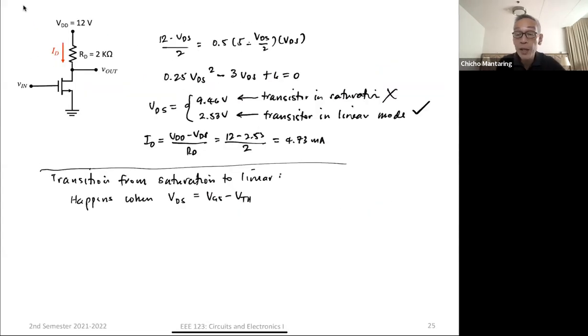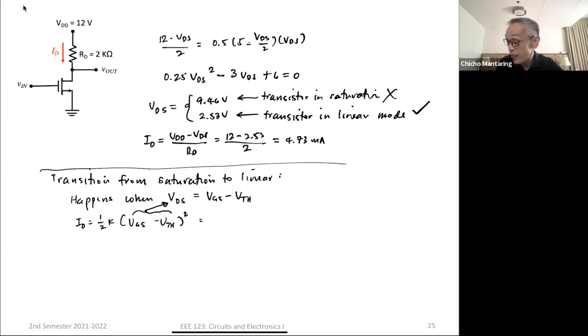Now, the saturation equation still applies. What is our saturation equation? You have I sub D equal to 1/2 K times (VGS minus VTH) squared. But we already established that at the transition, VGS minus VTH is equal to VDS.